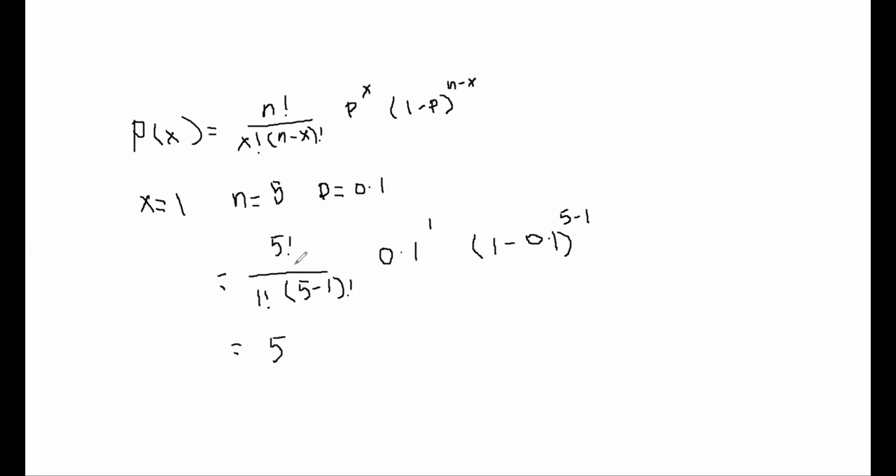If you plug in all the values, you will get 5 times 0.1 to the power 1, which is basically 0.1, and 1 minus 0.1 is 0.9. So this is 0.9 to the power 4.